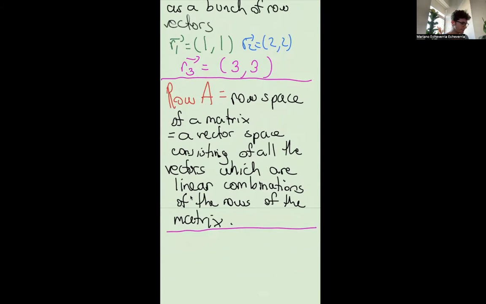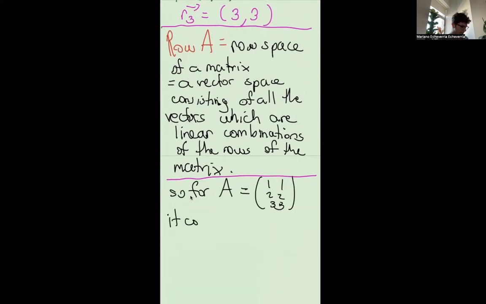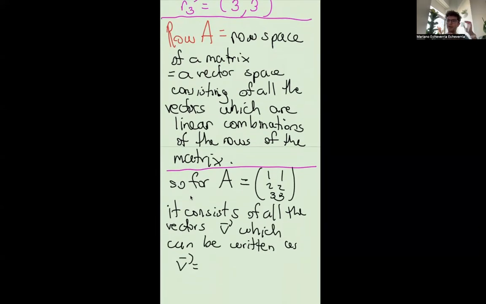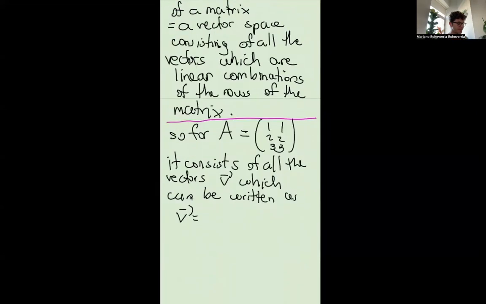So in our example for this matrix A, the matrix that I'm writing right now, it consists of all the vectors which can be written as, because remember, a linear combination means take the original vectors and add them together after maybe doing some rescaling.